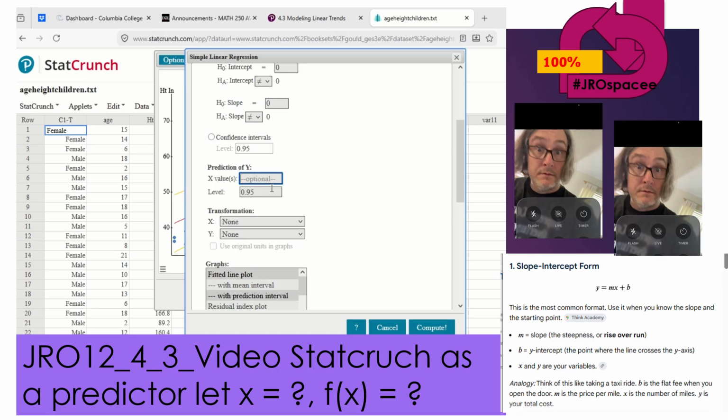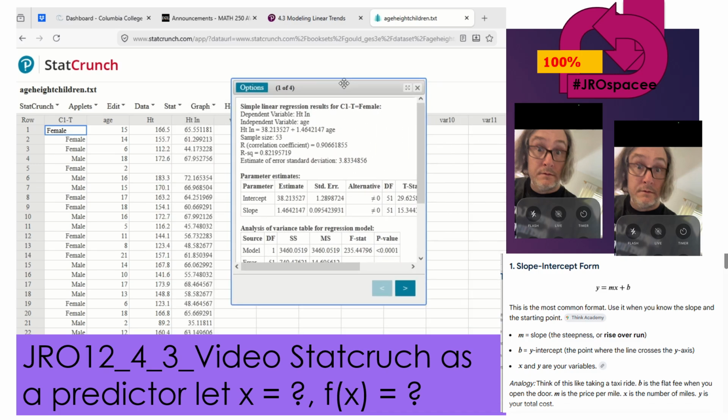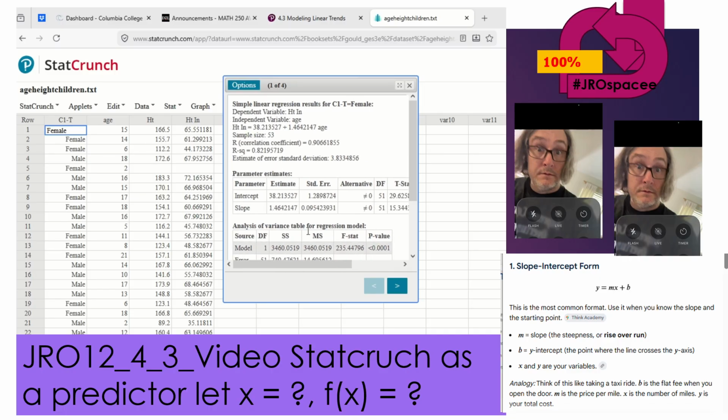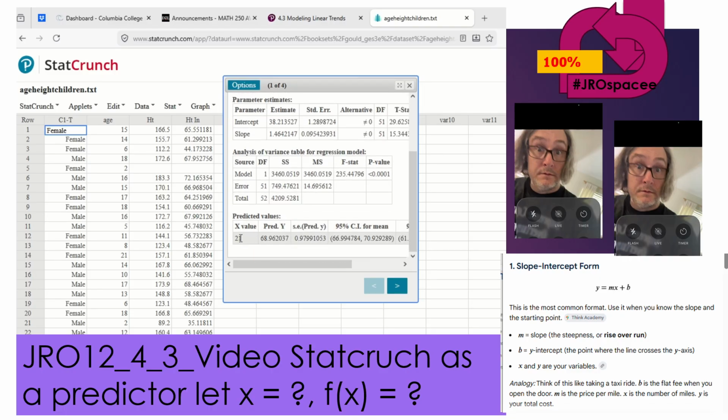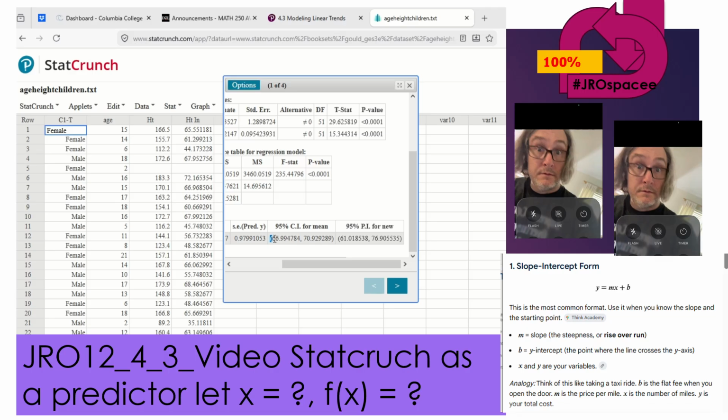So let's just predict what our model would say for somebody that just turned 21. And this is our level, 95% confidence. This will make sense later. But anyway, let's go ahead and compute it. And here should be, yes. So when a person is 21, they should be between, is this female?